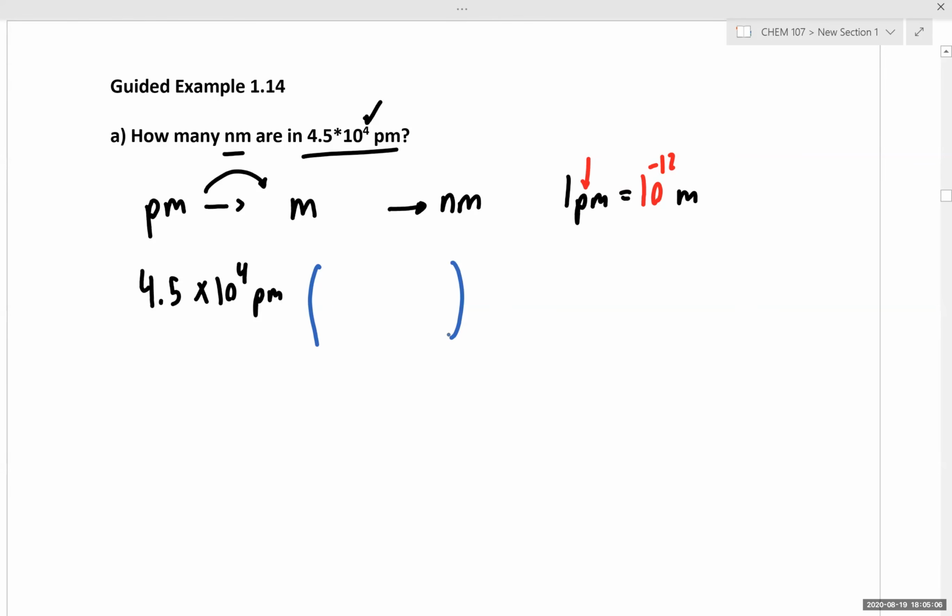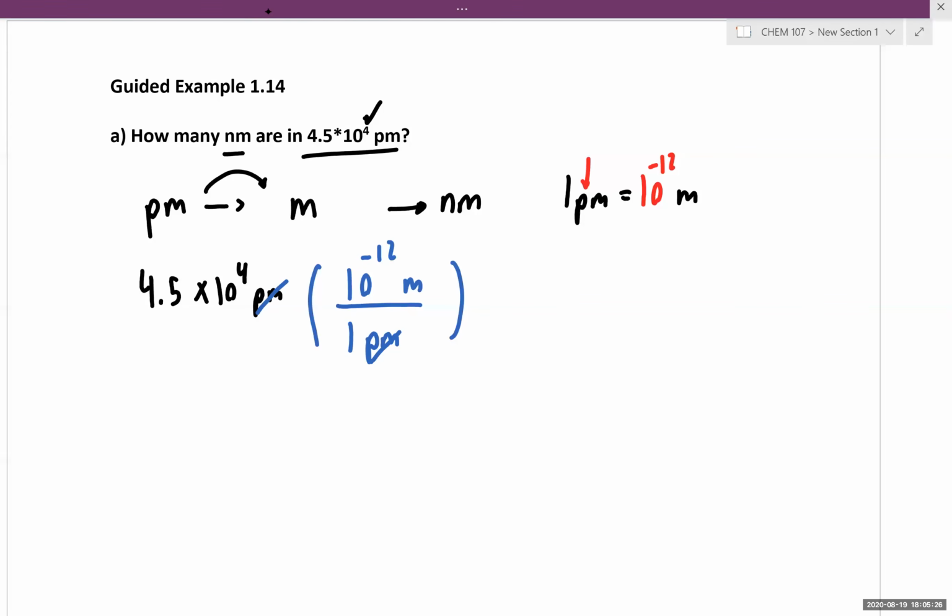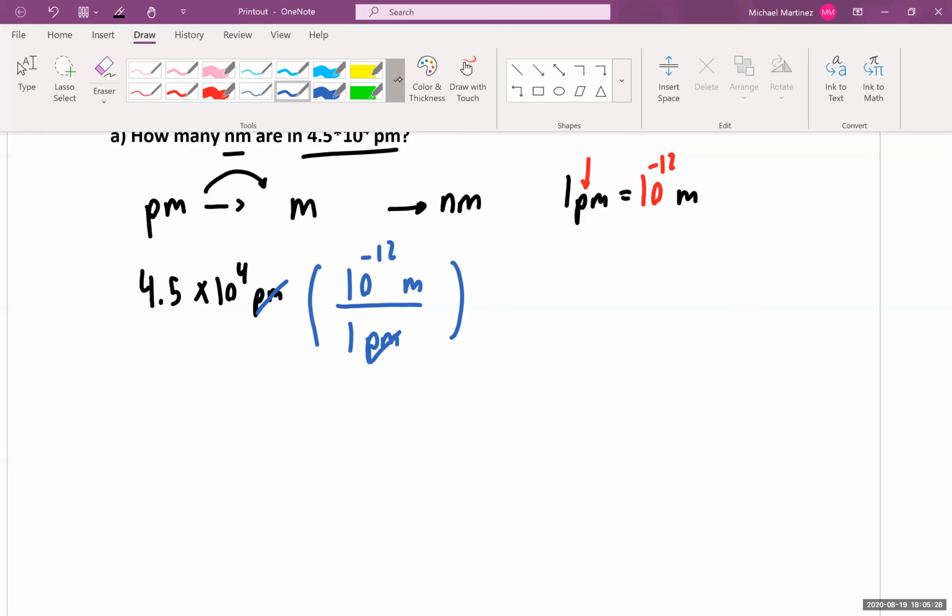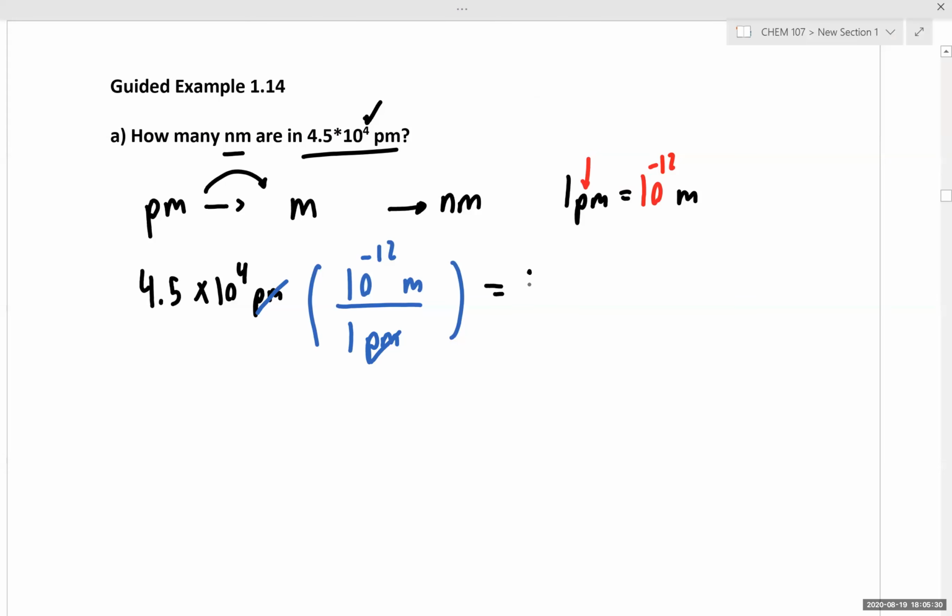So if we're going to meters, what units need to be on top? Meters. Yep, exactly right. So we have 10 to the negative 12 meters, and we're going from picometers, so we put picometers on the bottom. Picometers cancel. And for our first step, that gives us 4.5 times 10 to the negative 8 meters.